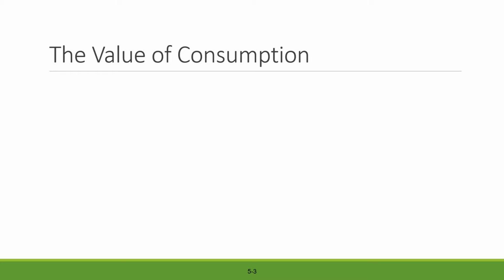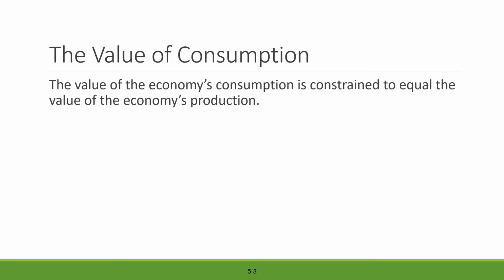Now, in the absence of international trade, the value of consumption is not required. We actually consume whatever we produce. If we are producing 10 units of clothes and we are producing 15 units of food, then what do we consume?